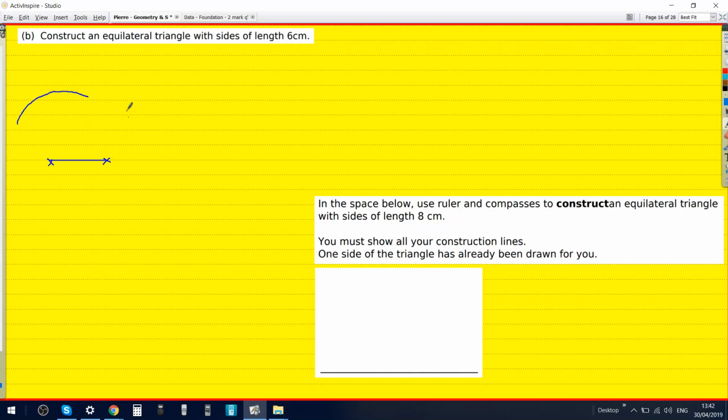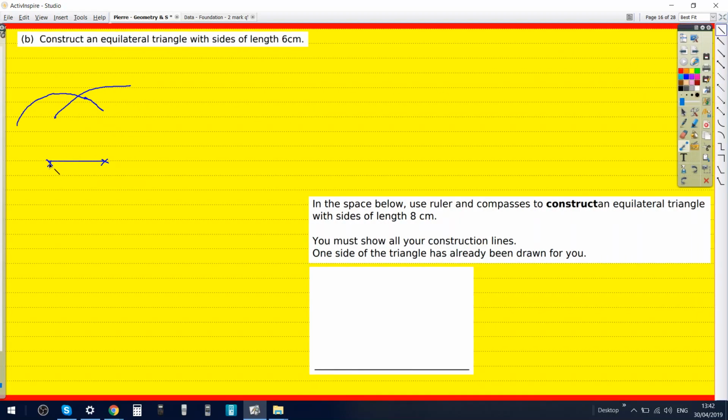Put the point there, and you do the same, and where they cross over is where it's 6 centimeters for both of them. That would be the point. It's the best I can do.